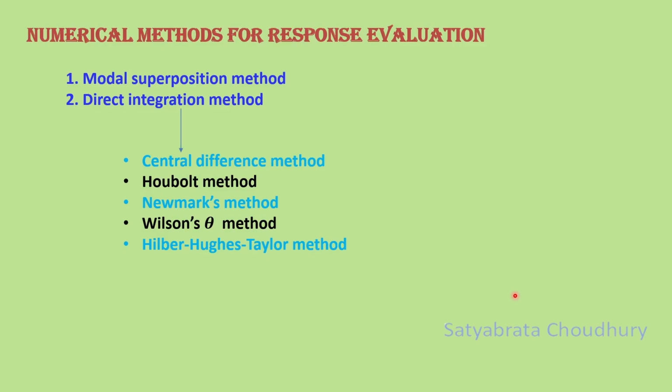In numerical solution you have the modal superposition method through modal analysis, and you also have the direct integration method, which will be studied in this video. This is also known as time step analysis. Various integration methods are available in the literature: the central difference method, Houbolt method, Newmark's method, Wilson theta method, Hilber-Hughes-Taylor method, and still more. In our video, we shall be focusing on Newmark's method.